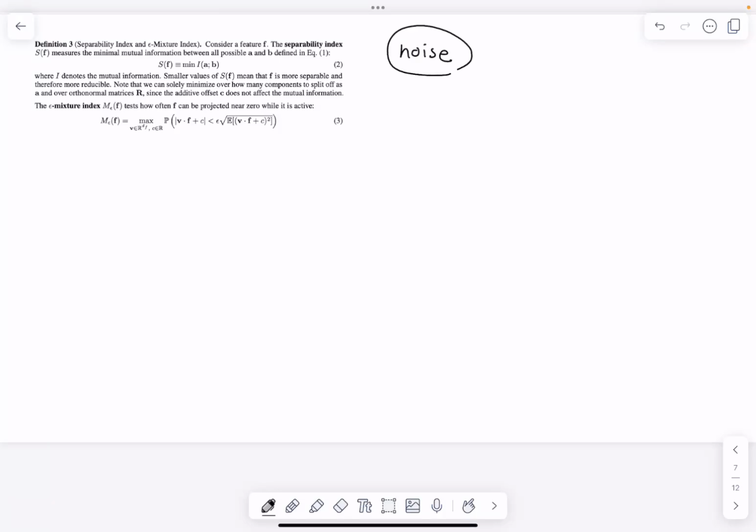It is difficult to clearly distinguish features based on the earlier definitions. Therefore, the researchers propose a more relaxed definition, definition 3. Equation 2 suggests using mutual information to measure the independence of subspaces.